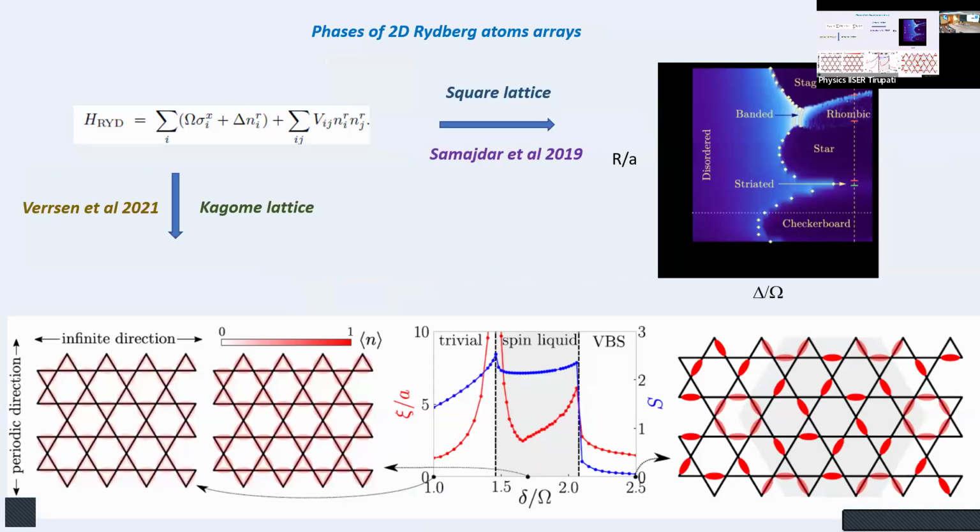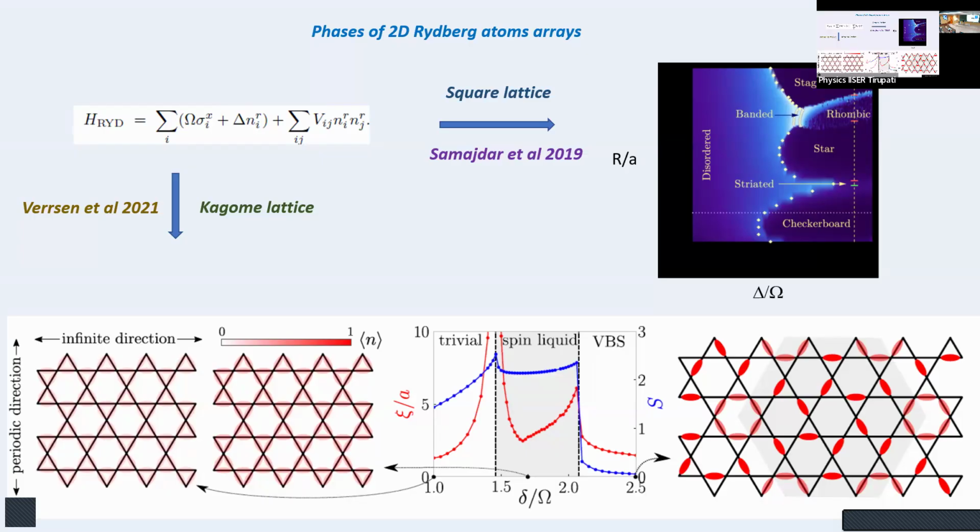And the reason why it is important becomes evident when you go, instead of one chain, to a two-dimensional system. So essentially, in 2D, if you take some lattice like the Kagome here, you see this kind of spin liquid physics. This is Ashwin's paper. And there is some paper by Subir's group, which looked at it on the square lattice, giving rise to a lot of different ordered phases.